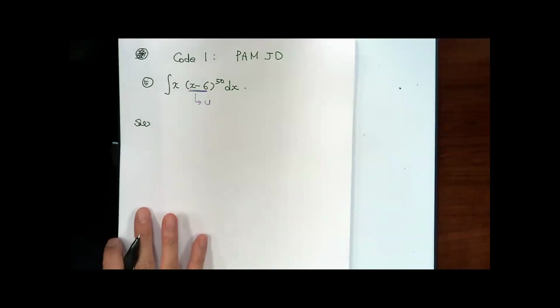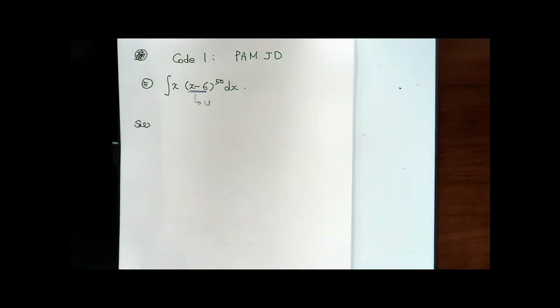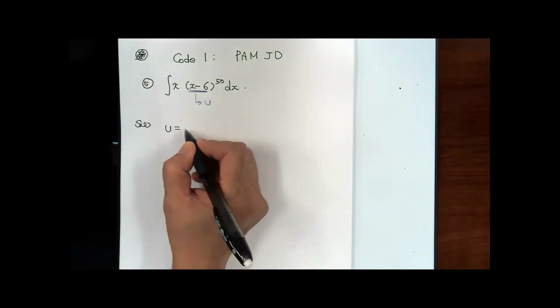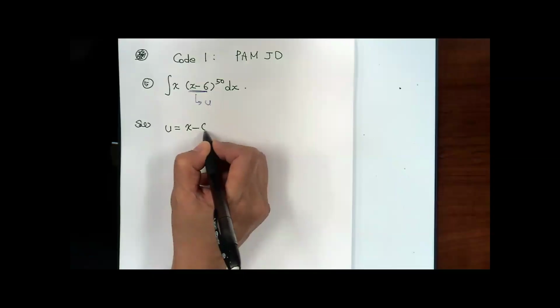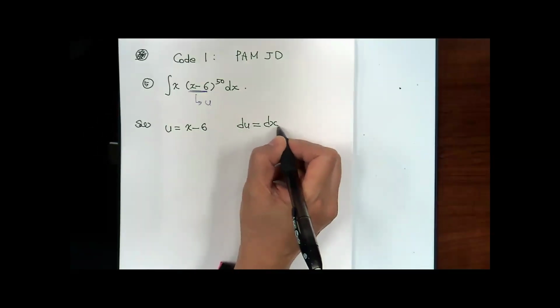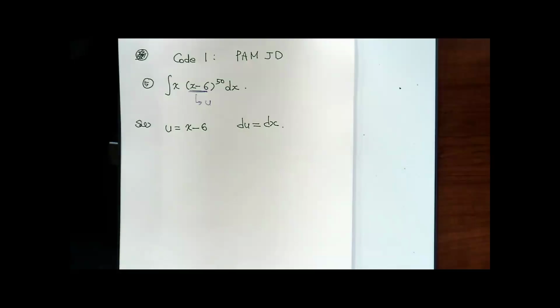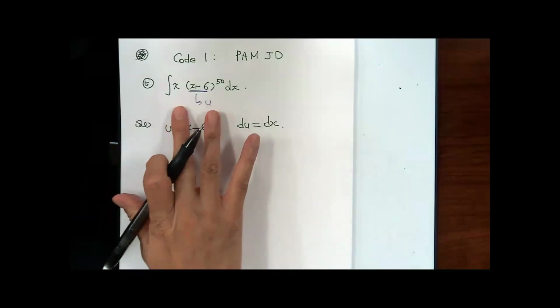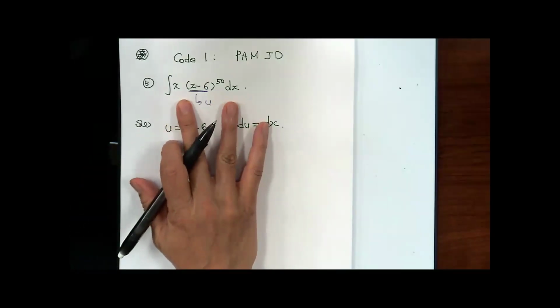But we still can use substitution in this case, in a different way. When you put u equals x minus 6, the du is dx. But by writing u equals x minus 6, what you realize is I can write this part as u to the 50th power.